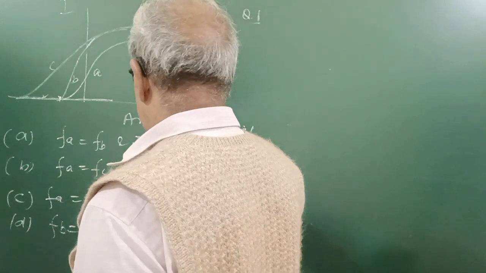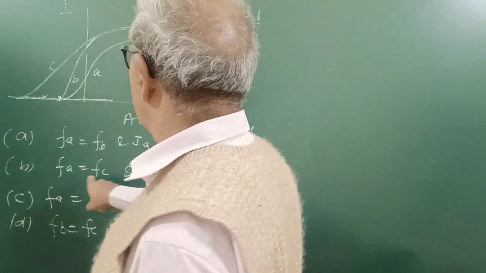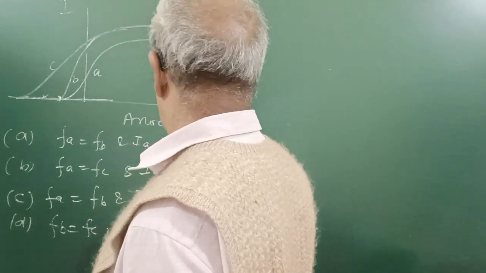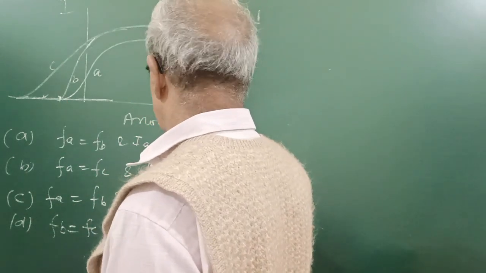It is true here, but what is this? FA not equal to FC, IA equal to, this also became wrong.